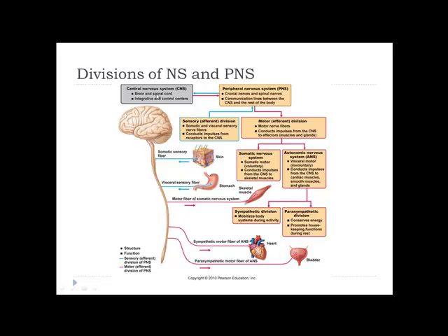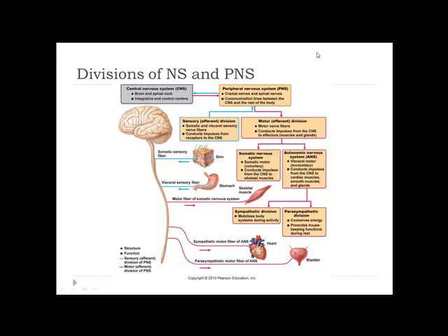So let's go through this breakdown again. We have our central nervous system, which consists of our brain and the spinal cord. You have your peripheral nervous system, which is always the same: sensory afferent, motor efferent. Sensory is going to be carrying information into the brain, and that'll be stuff like your organs, your stretch receptors and muscles, your stomach, stuff like that.